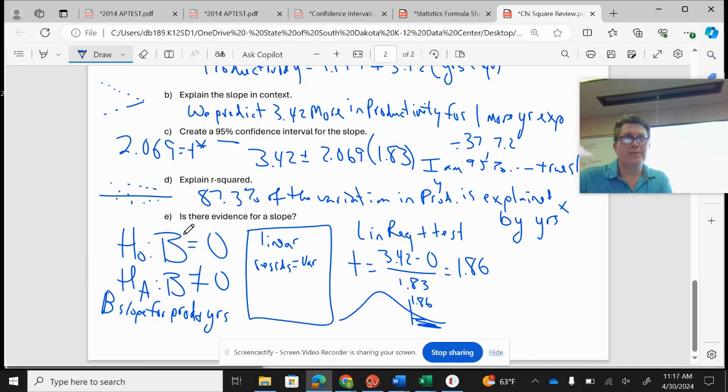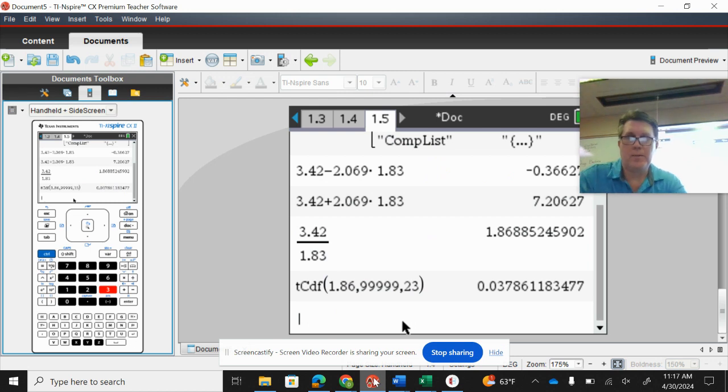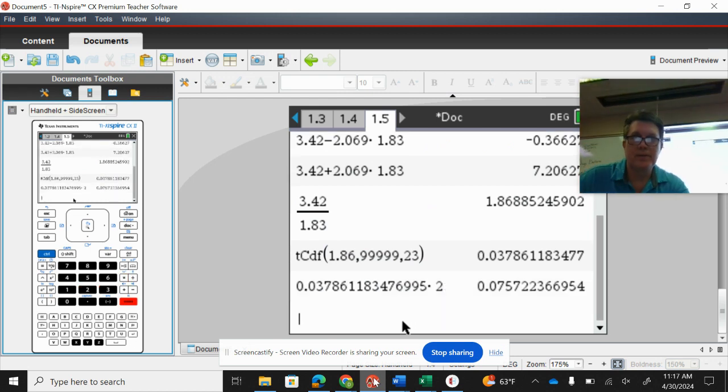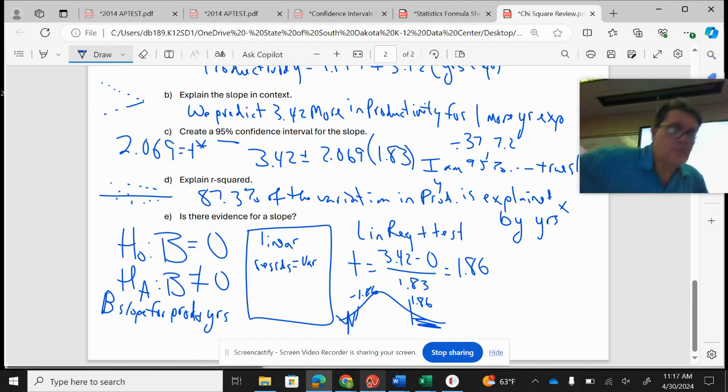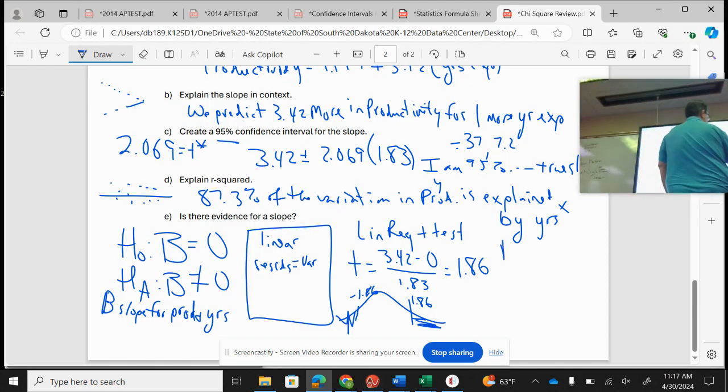However, since our alternative is not equal to, we have to shade from negative 1.86 on down as well. So we will double that p-value and we get 0.075 or 0.076.